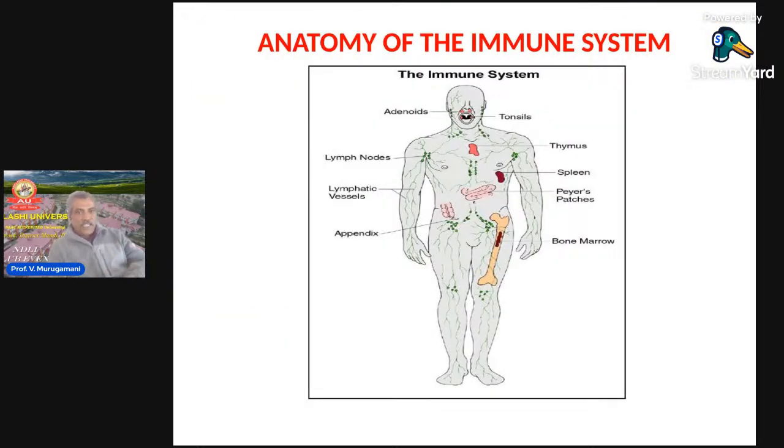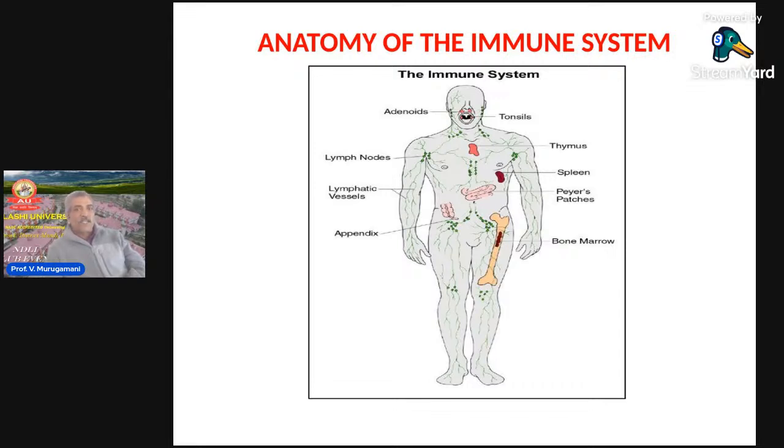What are the systems in the immune system? The main roles are played by the bone marrow, lymph nodes, lymphatic vessels, thymus, spleen, Peyer's patches, appendix, adenoids and tonsils.